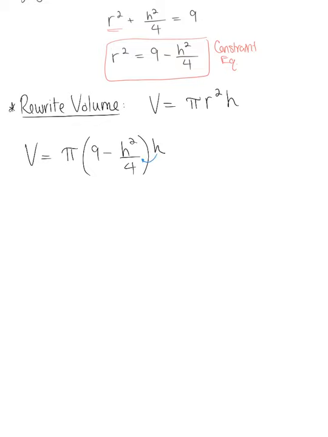And to simplify, we'll distribute our h through to both terms, which leaves us with pi multiplied by 9h minus h cubed, all divided by 4. And we're now ready to go ahead and find the critical points.